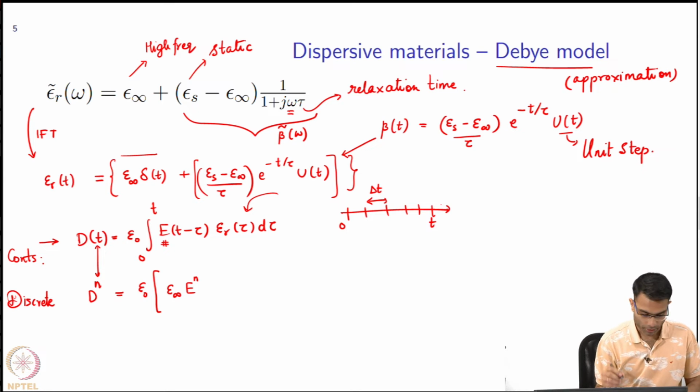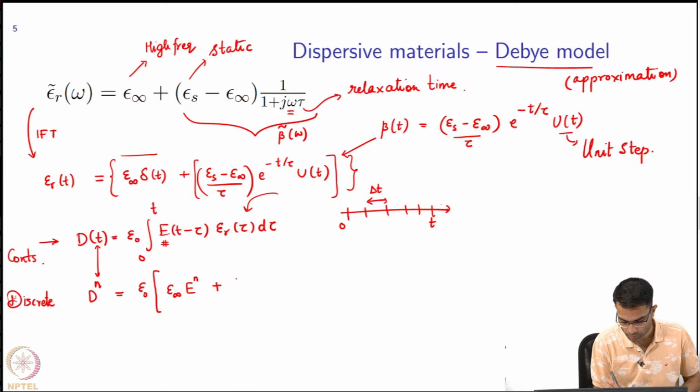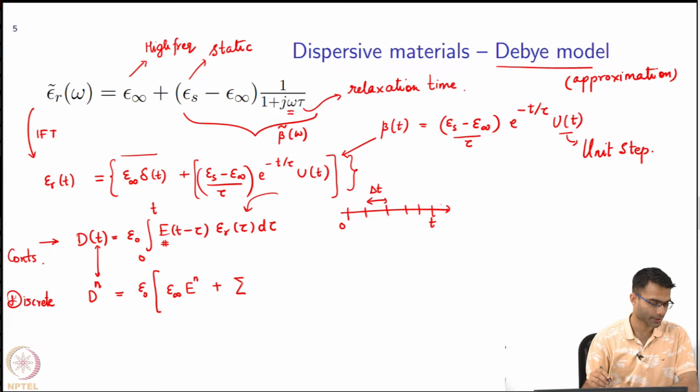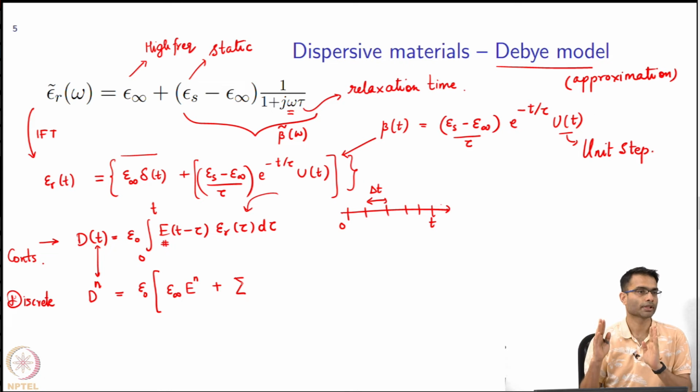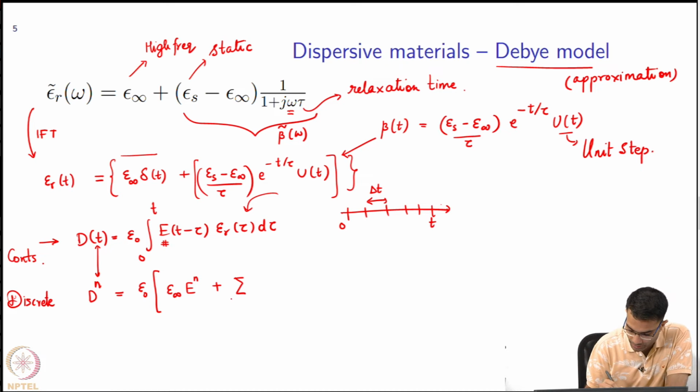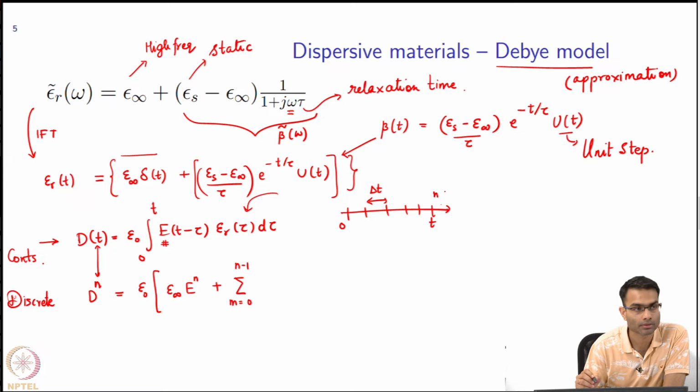All right. Next term, here is where the fun starts. I am going to assume that over each time interval the electric field does not change. So I am going to have a summation, m equal to 0 to n minus 1. For example, this is n.